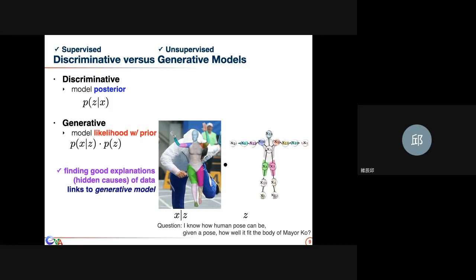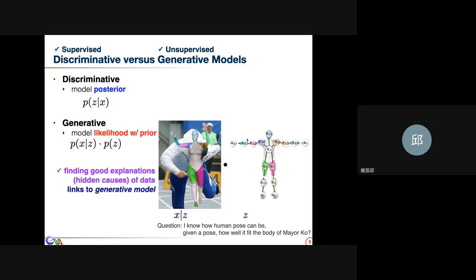So for example, I have a joint on my shoulder, and such a joint only has a certain range of movements. And I have another joint in my elbow, and I can provide a reasonable range of moving angles for my elbow joint, right?